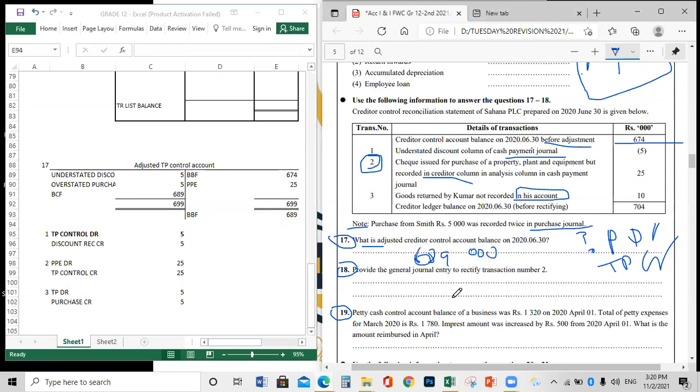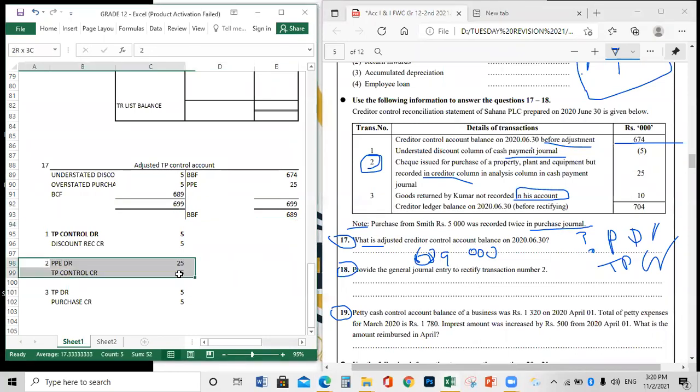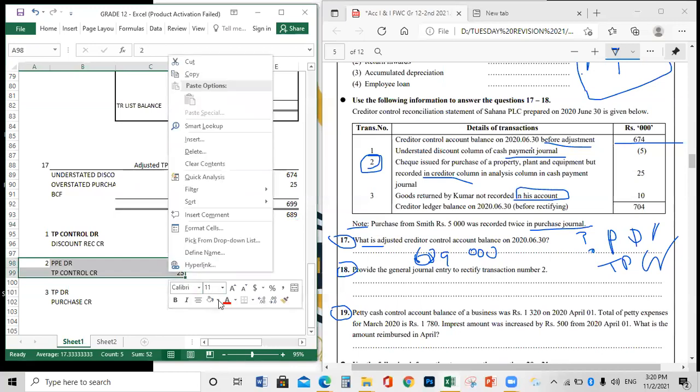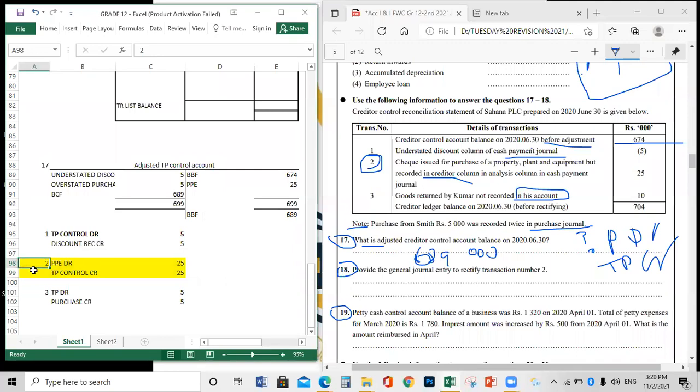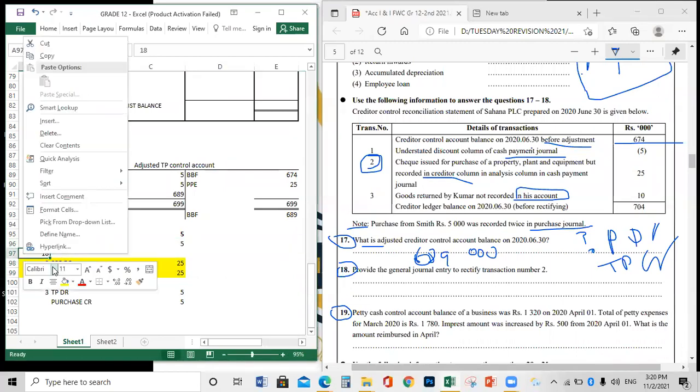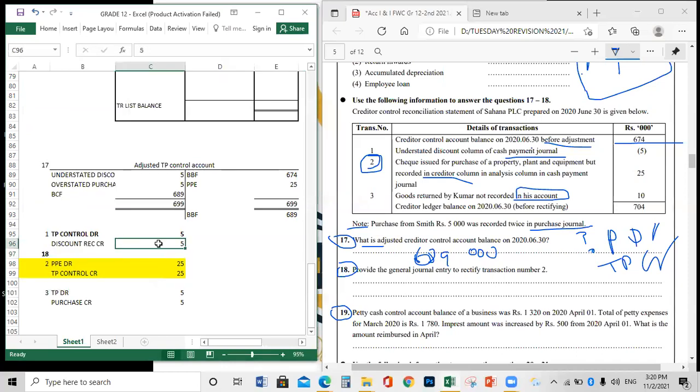Now the next question, provide the journal entry to rectify transaction number 2. We have already found out this is the correct answer for question 18. They are asking you the correction entry, guys. So this is going to be the answer for question 18. If anyone couldn't understand this, listen carefully.